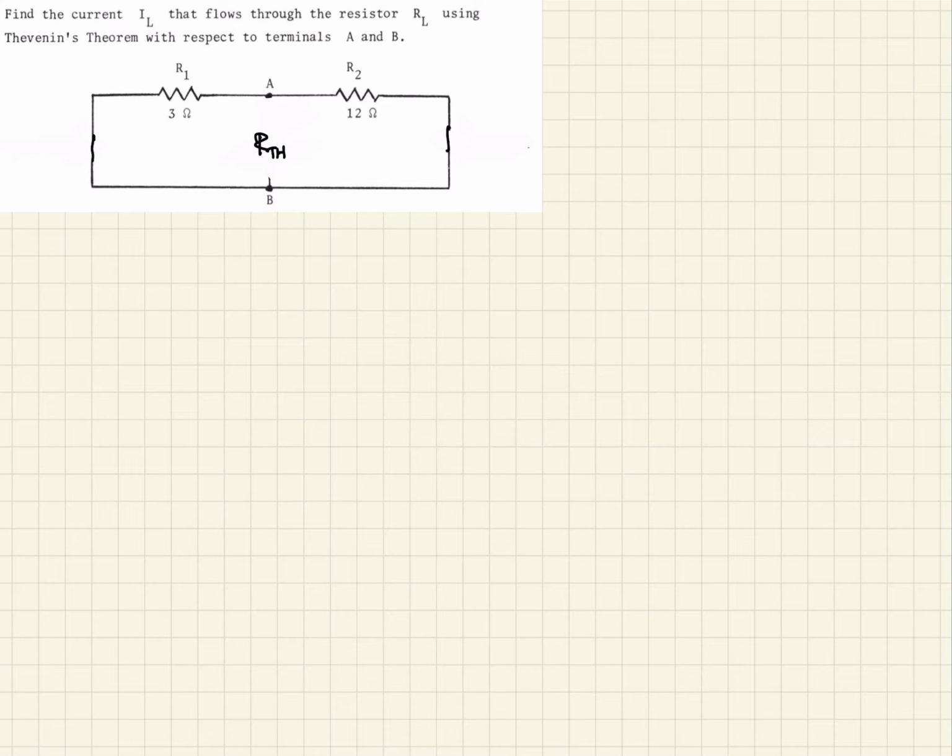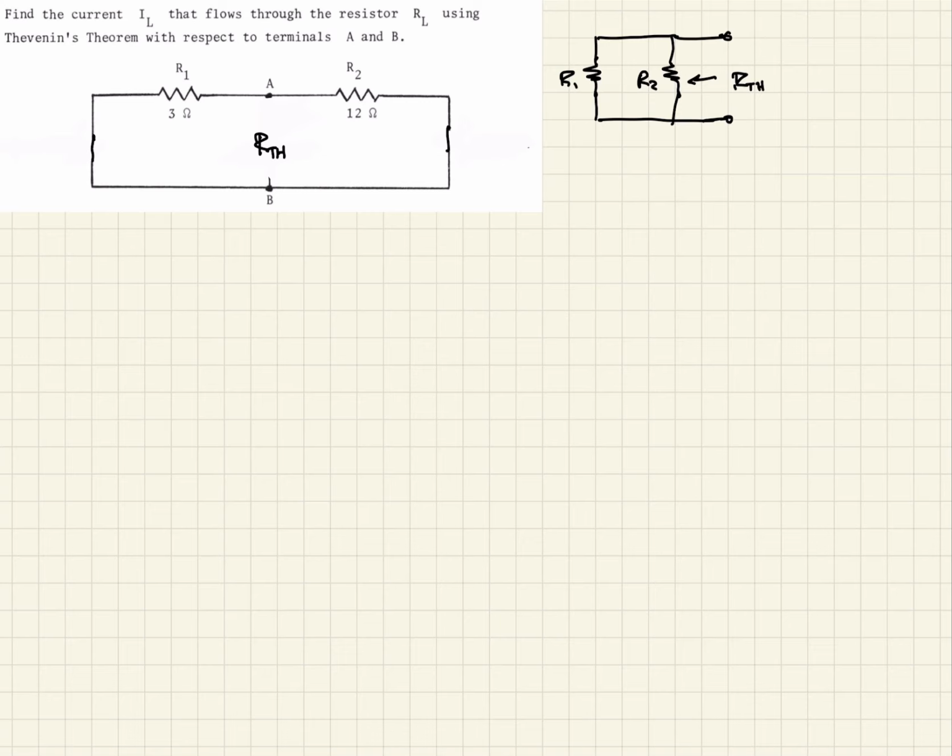So we could redraw this a little bit, and what that would look like then is R1, and then we would have R2, and then we have A and B. So this is the same circuit as what I'm showing over there, but this is a little easier to visualize. So now we're looking for this resistance looking back into here.